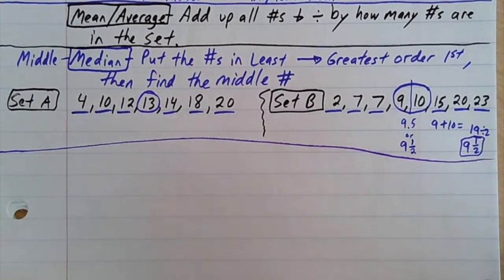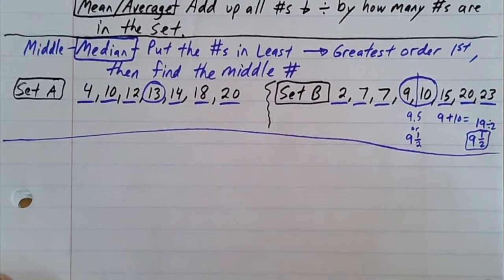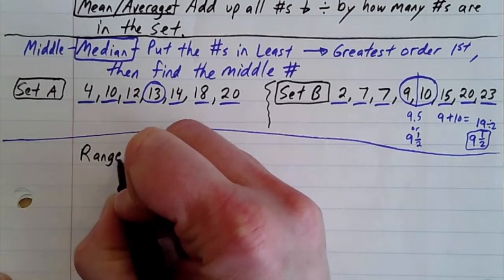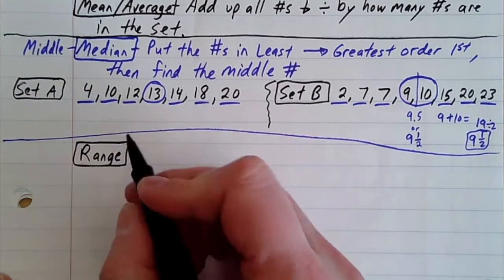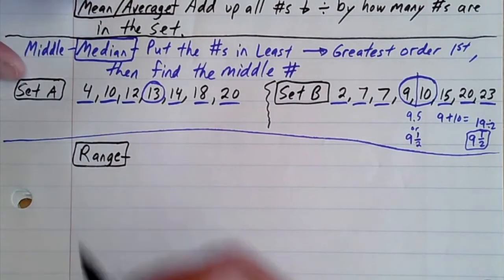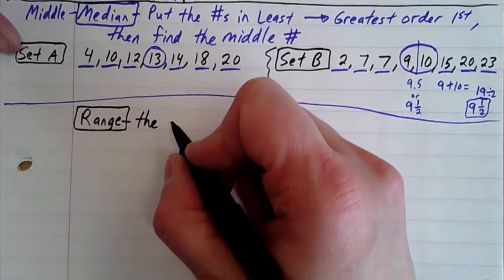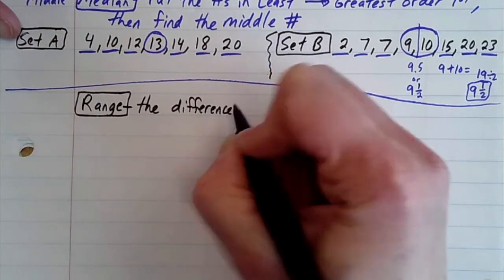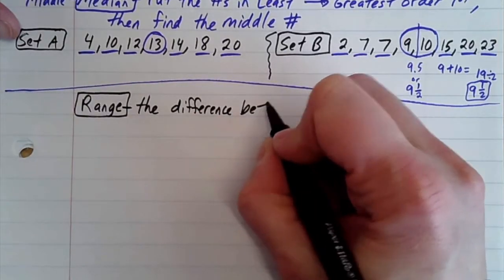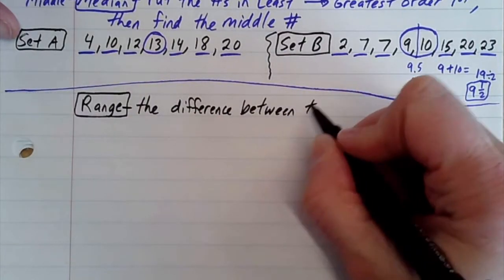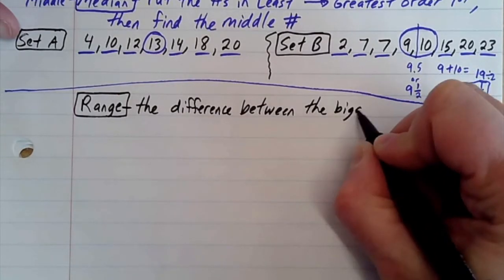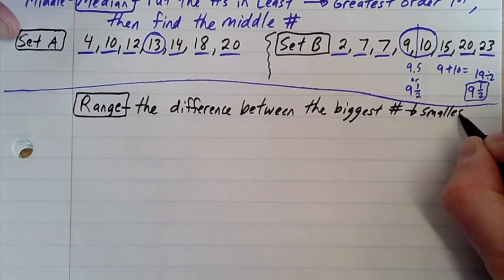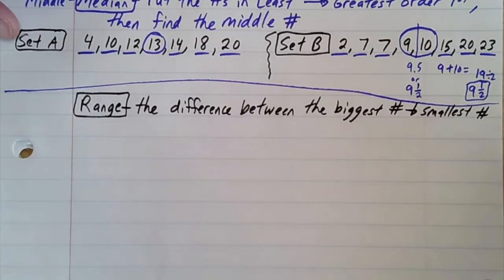All right, so the next thing we're going to talk about is range, and range is how far the numbers range. So range is the difference between the biggest number and smallest number. Move this up just a little bit. So how do you find the range?